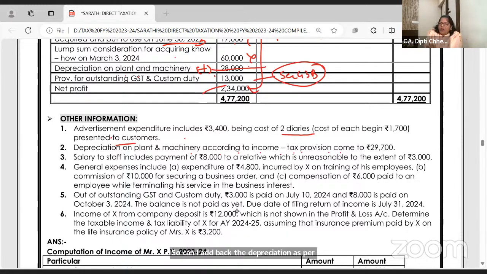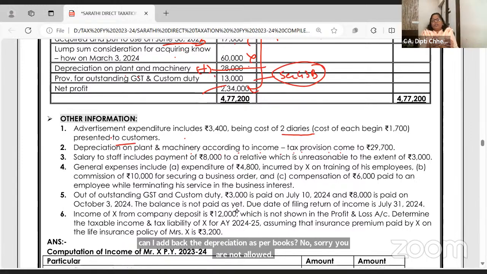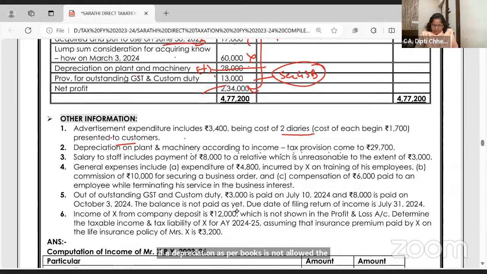No, sorry, you are not allowed. If depreciation as per books is not allowed, reduce the expense, increase the profit. Depreciation as per income tax is allowed, but you didn't debit it. Now debit it. If now you debit, what's the impact on profit? Less. So always depreciation as per books, add. Depreciation as per income tax, less.